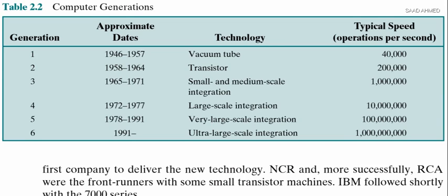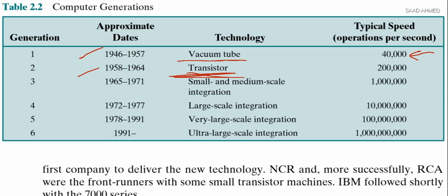Okay, look at this. Some generations of computers. I'm just going to quickly go through it. From 1946 to 57, the technology used was vacuum tubes, and it was capable of producing something like 40,000 operations per second. From 1958 to 64, transistors were used.